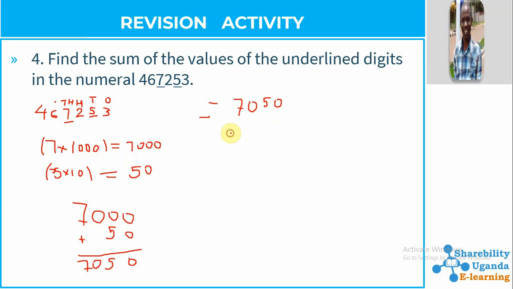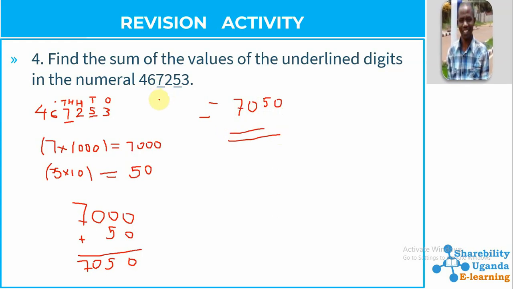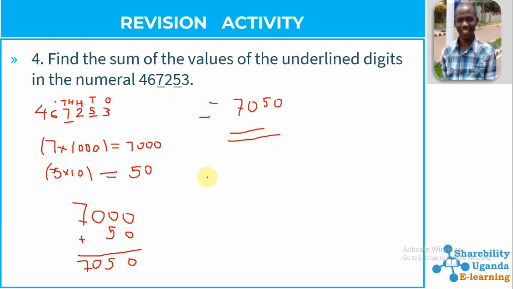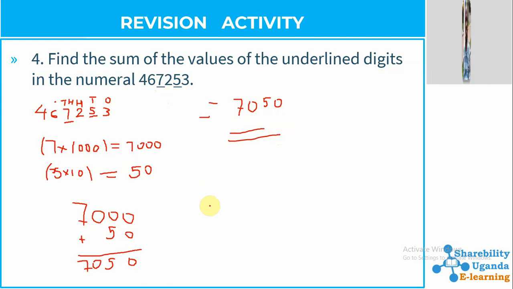This is the sum of our values that are underlined, which is a 7 and a 5. Alright, that is how we can simply answer that. You only have to know the meaning of this word, sum, where sum means addition.